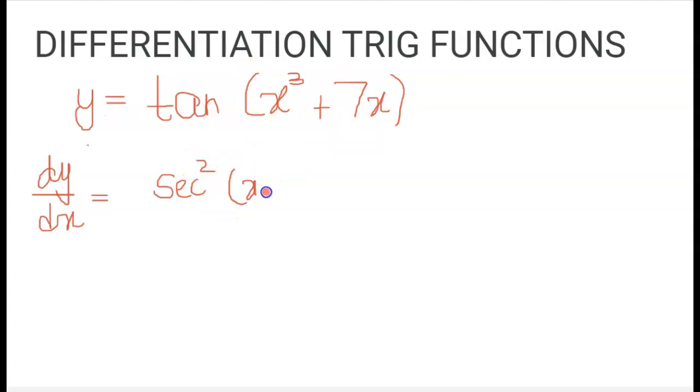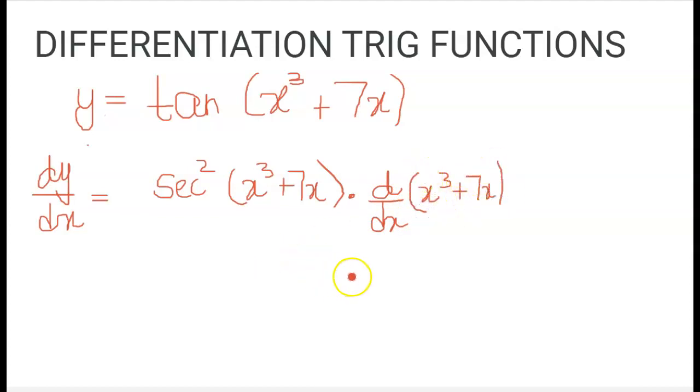In the box, you just copy the box. Then you do dot, then you do the differential of the box, d over dx of the box. So that will be copied here, but when you differentiate that one, that will become a 3x squared. Differential of 7x is just a 7.